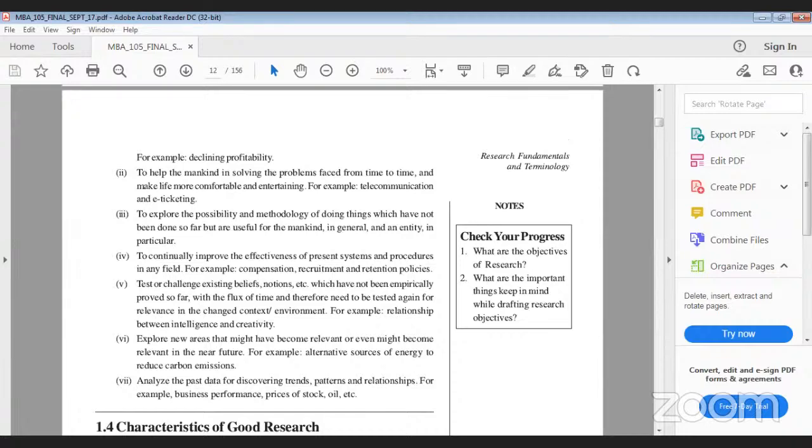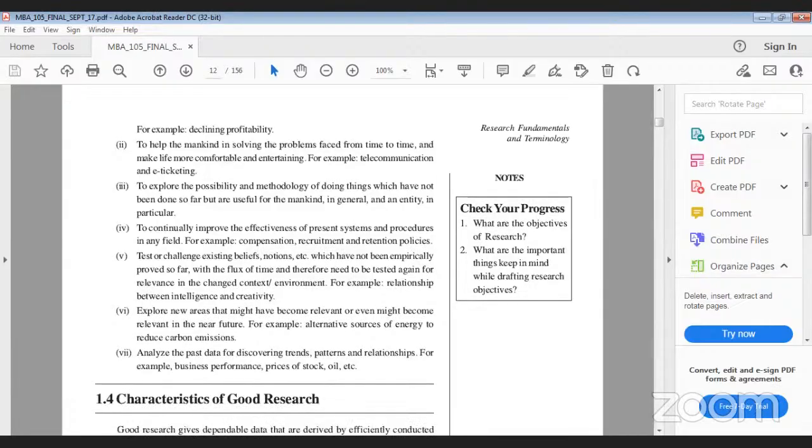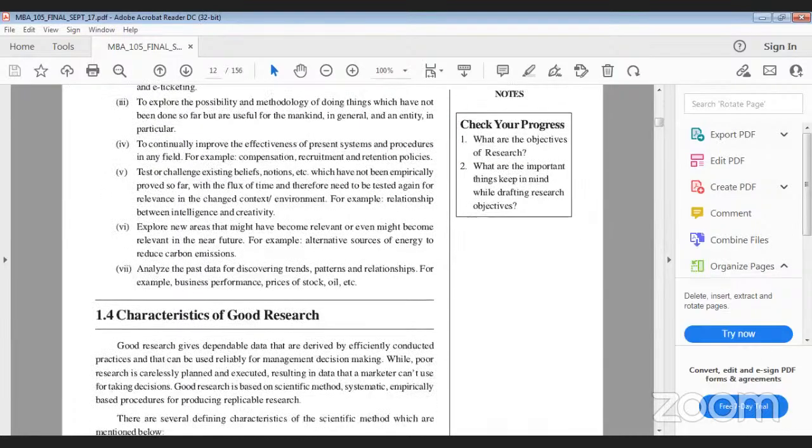Explore new areas that might have become relevant or might become relevant in the near future. For example, alternative sources of energy to reduce carbon emissions, and analyze past data to discover trends, patterns, and relationships. For example, business performance, price of stock, oil, etc.